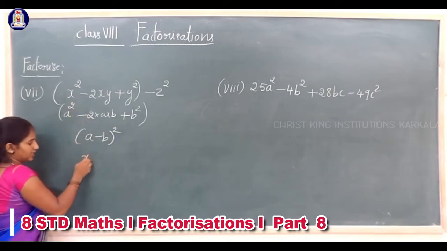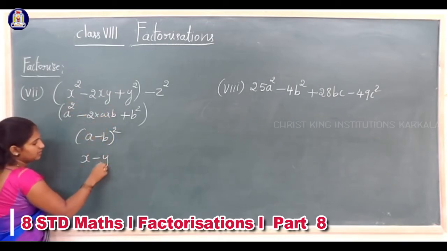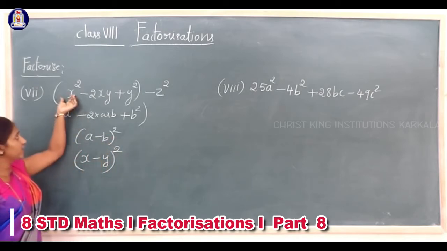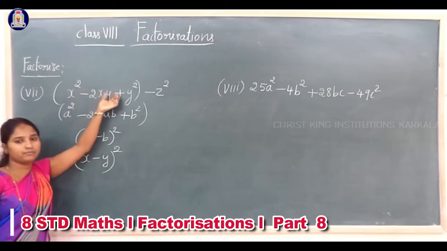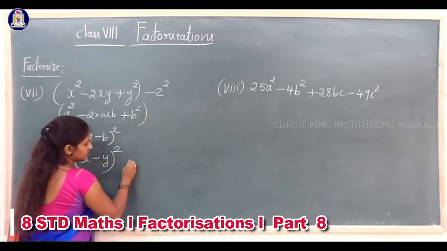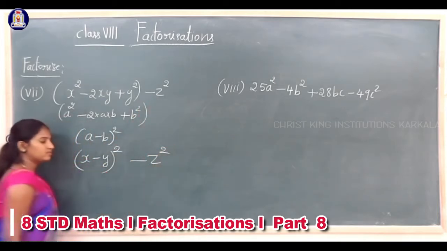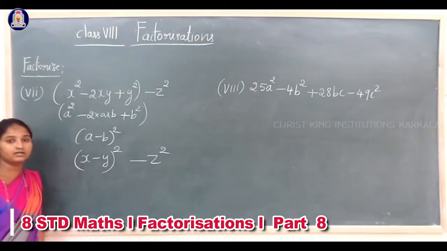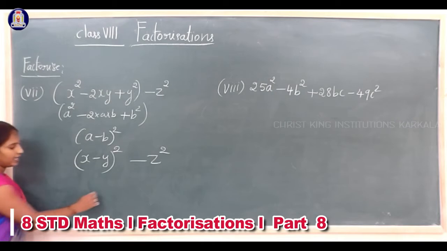A is x and what is b? B is y. So x minus y the whole square. Clear? X square minus 2xy plus y square can be written as x minus y the whole square minus z square.